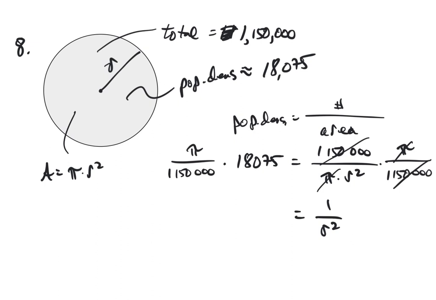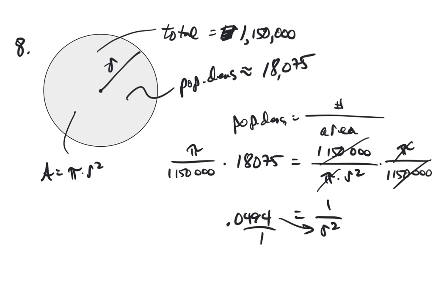On the left side, I need to multiply pi times 18,075, and then divide by 1.15 million, and I get approximately 0.0494, just writing it out to a few decimal places.